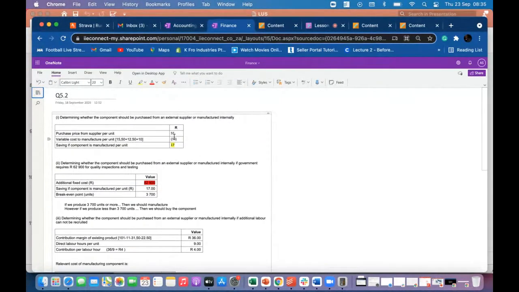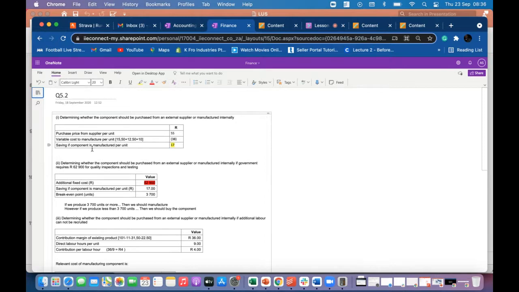Then we say variable costs to manufacture per unit. Variable costs, there we have the 15 Rand 50, we have the 12 Rand 50, and then we have the 10 Rand. Okay, we don't include the fixed overheads because that's not a cost directly related to the product.